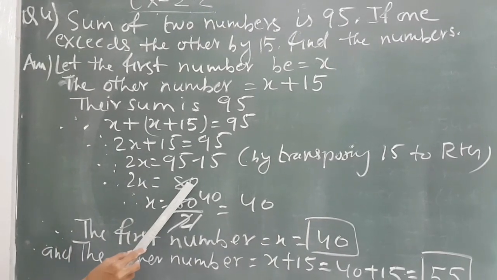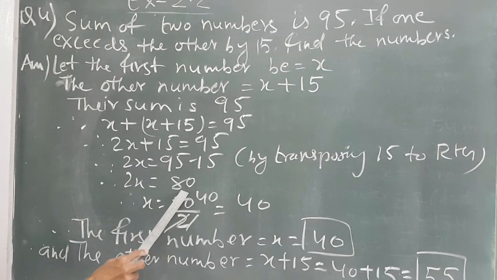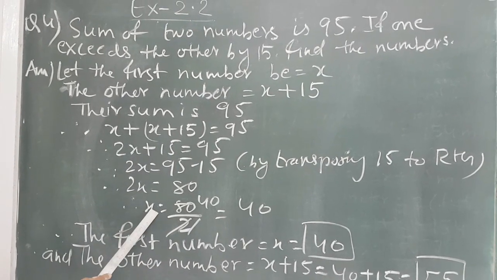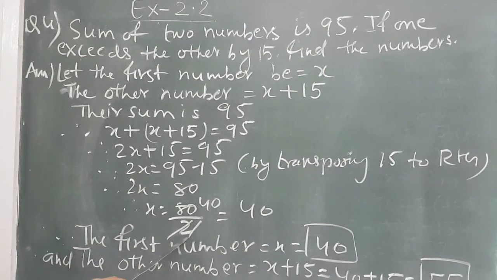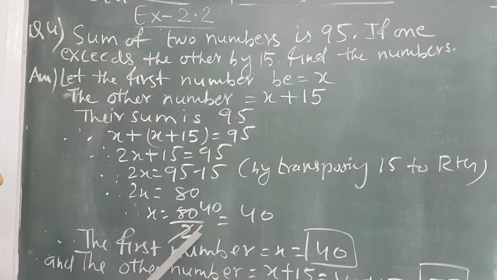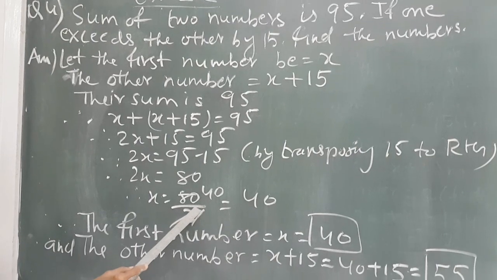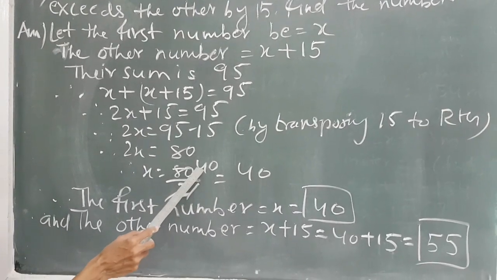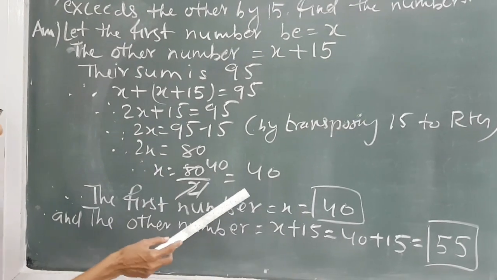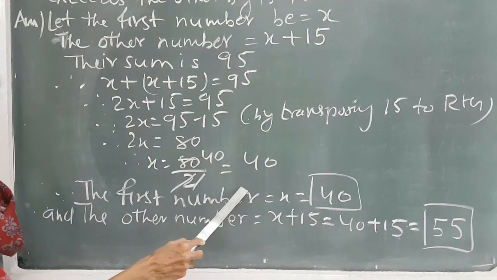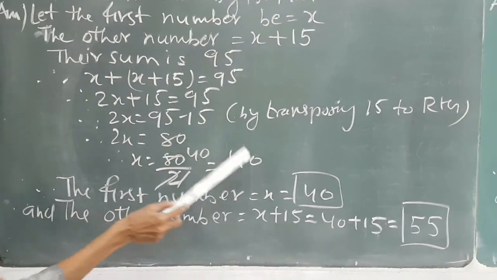Therefore 2x is equal to 80. 95 minus 15 is 80. Therefore x is equal to, now this 2 will come down, multiply will become divide, 80 upon 2. So 2 fours are 8, 40. So the answer is 40. That is, the value of x is 40.